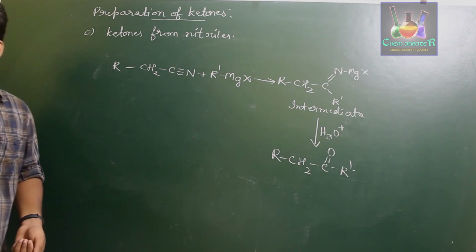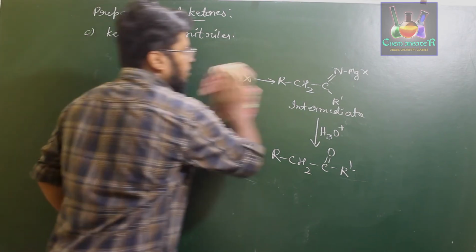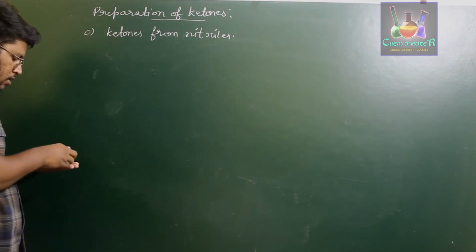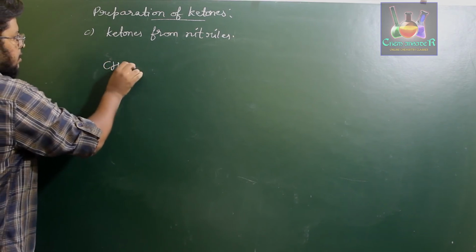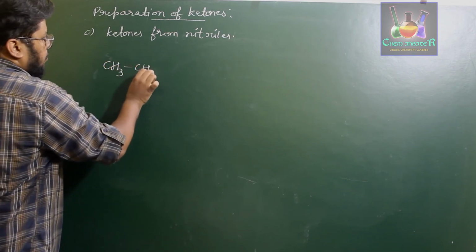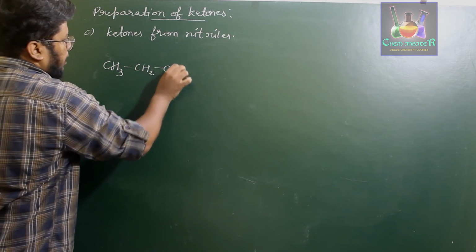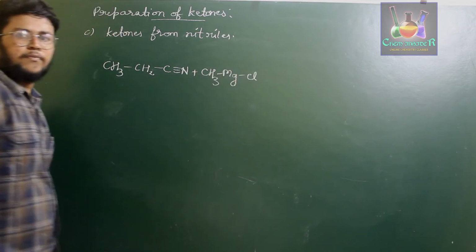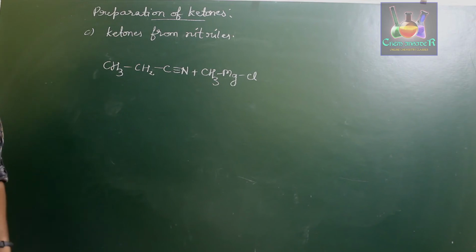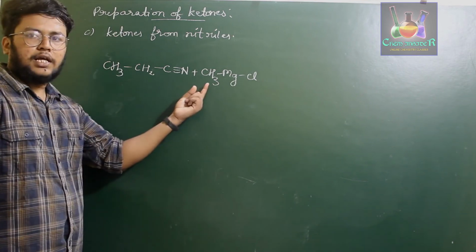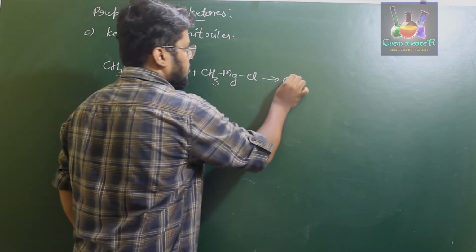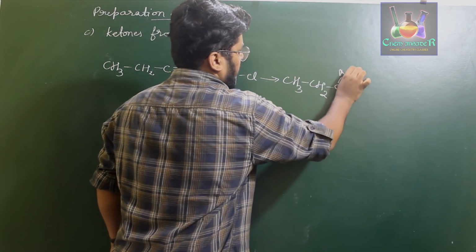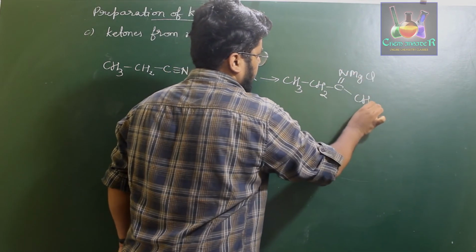For example, let us consider the preparation of an alkyl ketone and an aryl ketone. If you treat CH3CH2C≡N, that is propane nitrile, with CH3MgCl, methyl magnesium chloride, it will give us CH3CH2C=N MgCl with CH3.